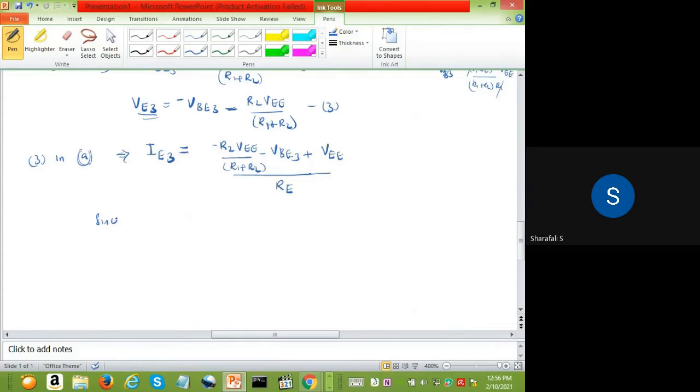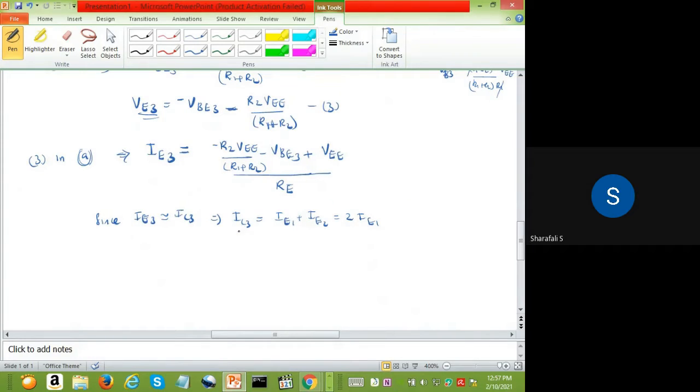Now since IE3 is almost equal to IC3, implies IC3 equal to IE1 plus IE2, which is equal to 2 IE1, considering that the two emitter currents are equal.